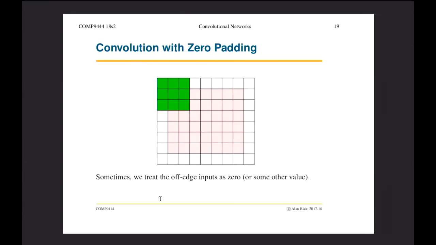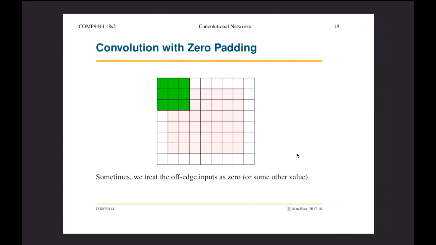So if the input was 32 by 32, then the next layer was only 28 by 28. Now, sometimes we do what's called zero padding. Sometimes we actually want the size of the array to be preserved from one layer to the next, and we achieve that by zero padding.